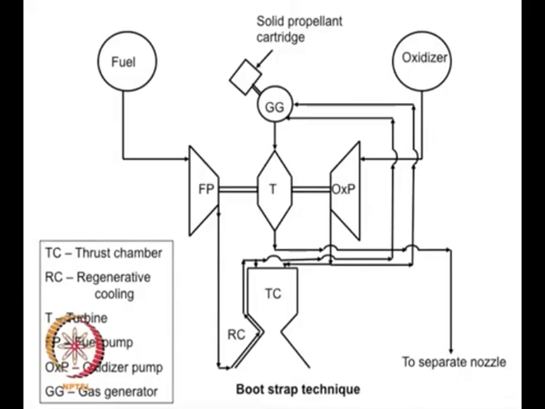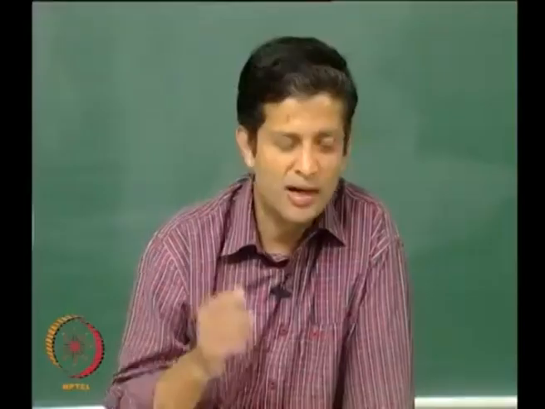Remember, if you use this fuel and oxidizer combination, let us say you are using liquid oxygen and liquid hydrogen, and if you use somewhere around O/F of 6, in the chamber you are going to get something like 3300 Kelvin, right. But you do not want that in the gas generator, because the turbine inlet temperature we want to restrict to somewhere around 1200 K and not more than that.